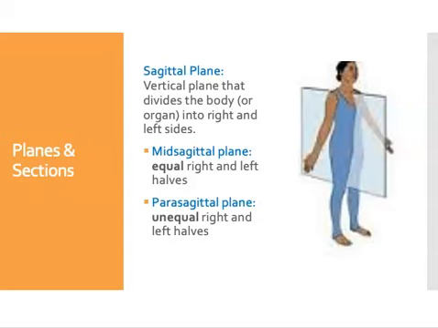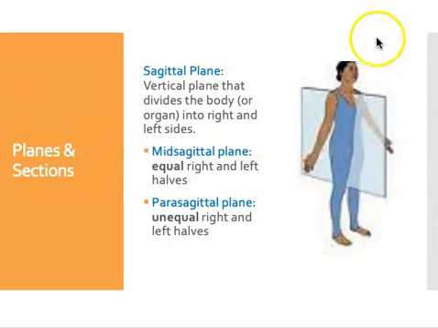So the sagittal plane is a vertical plane that divides the body into right and left. Mid-sagittal divides it into equal right and left halves, in other words.